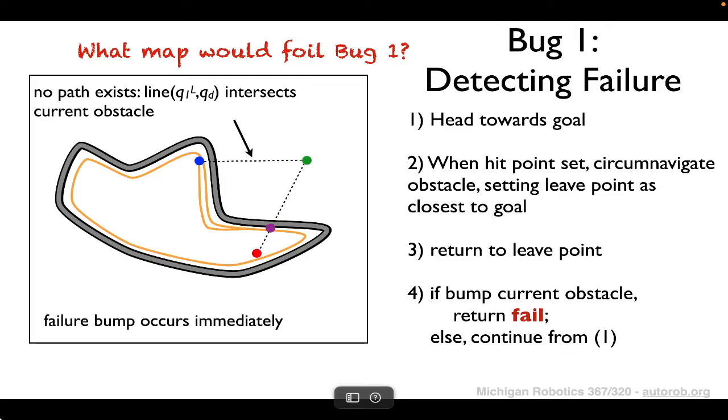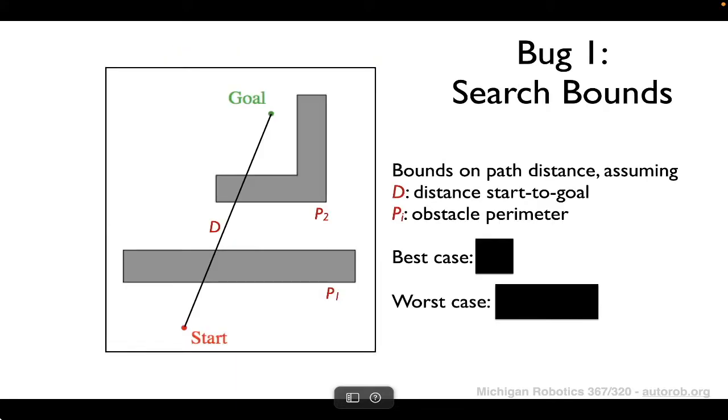And so this is a way that bug 1 could at least detect this notion of a failure case.